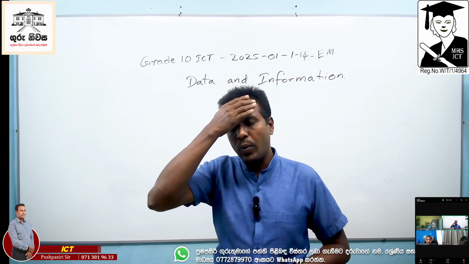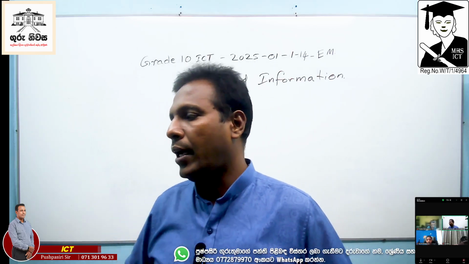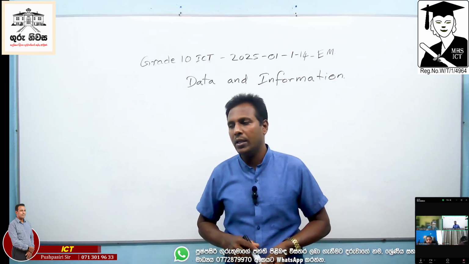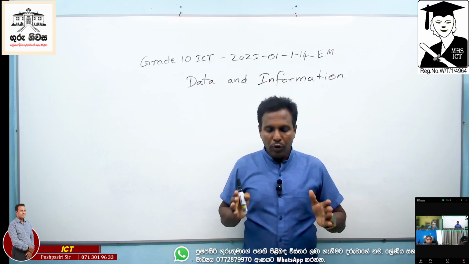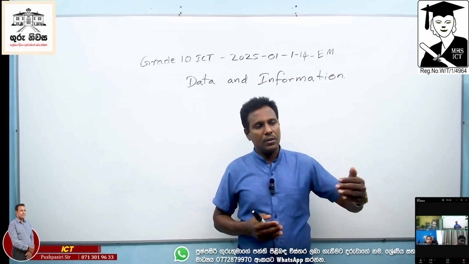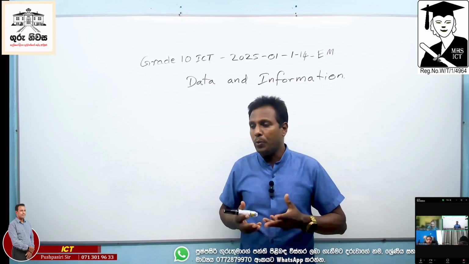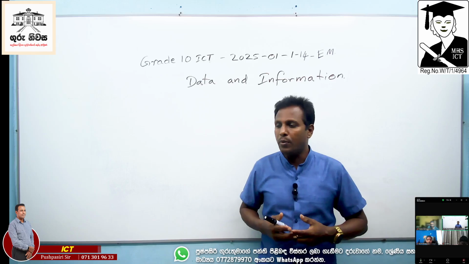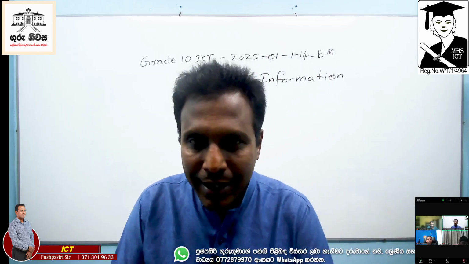Right. So what could information be then? Information means when we process data, we get an output. So that is called information. In another word, I can say processed data.